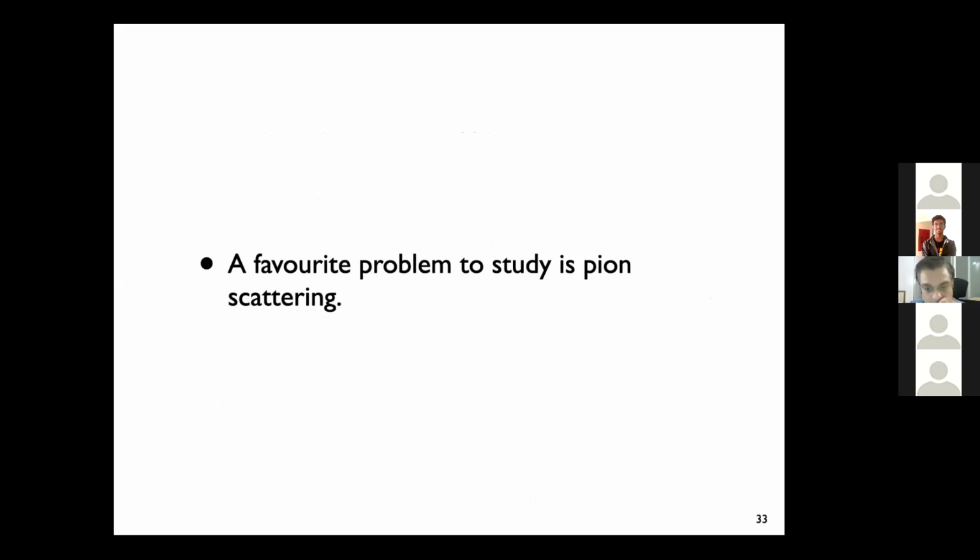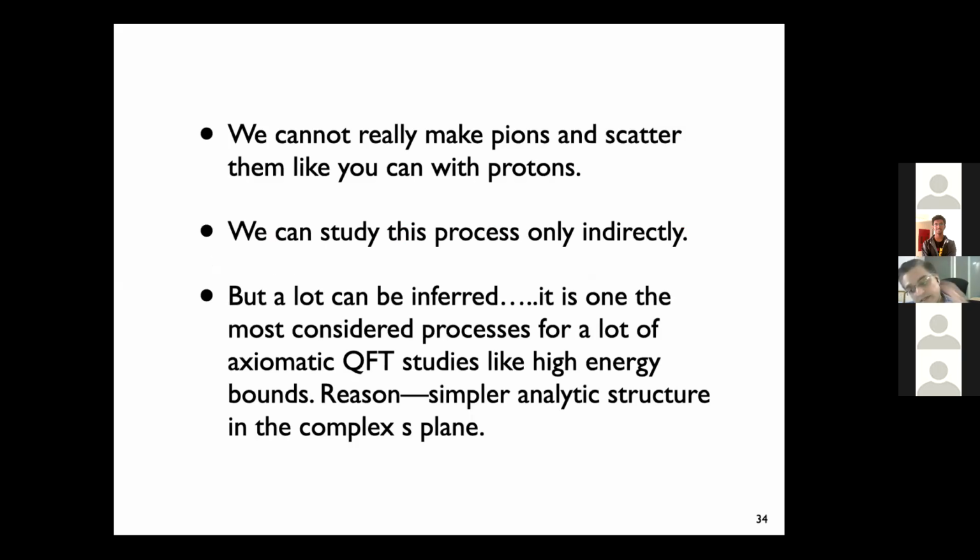A favorite problem that people like to come back to again and again is a favorite toy problem, but it's not just a toy problem because it's experimentally relevant. You can compare with experimental data. It is the problem of pion scattering. Just to tell you, you really can't make pions like you can make protons and scatter them. Pions are produced indirectly.